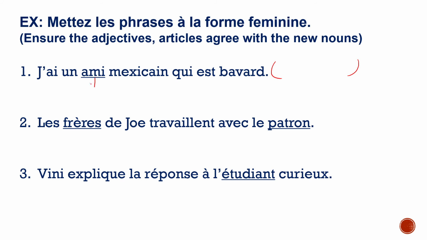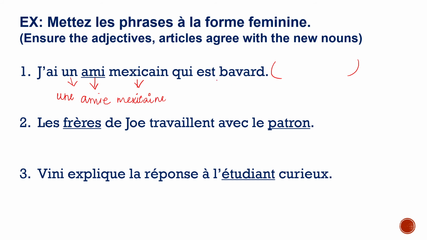Ami follows a simple rule of an extra e, so it becomes amie with the e. Now change whatever else has to be changed. The article has to become une in the feminine. Mexicain, which is the adjective for Mexican, you have to add an extra e there. Becomes mexicaine.